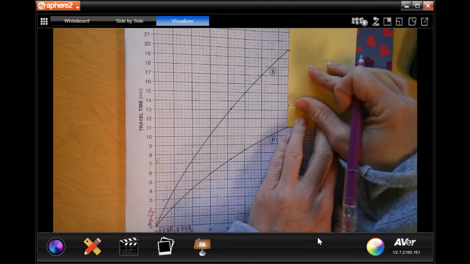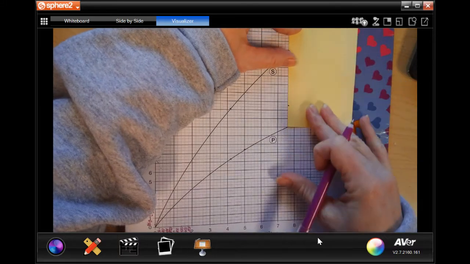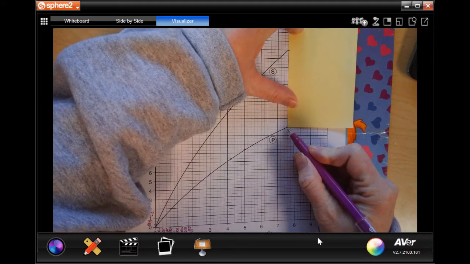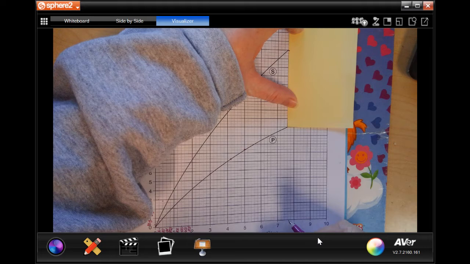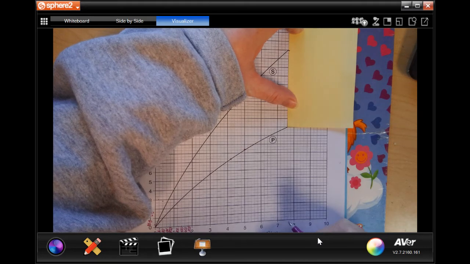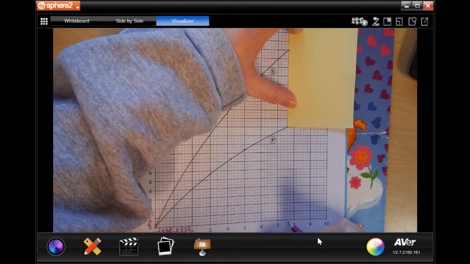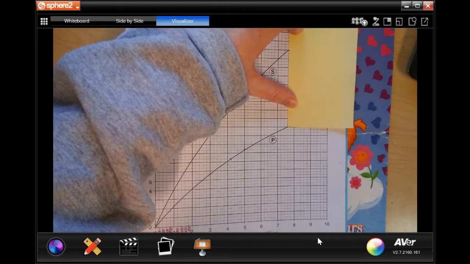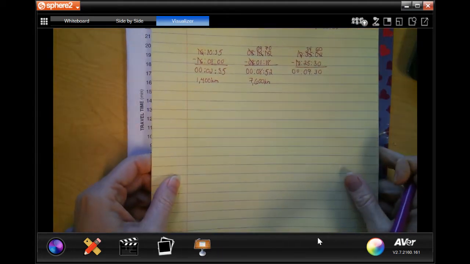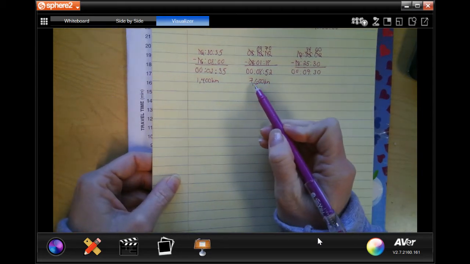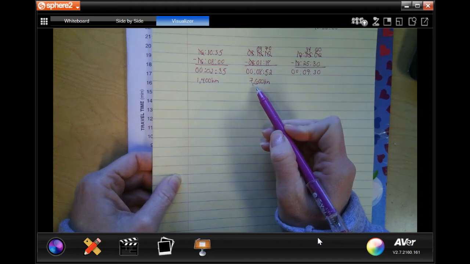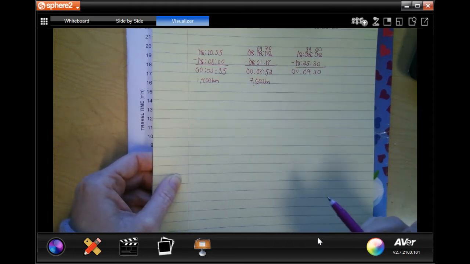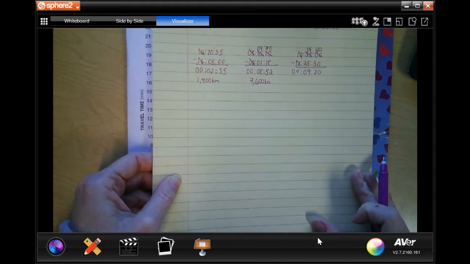Yeah, that works. And then I'm going to read my x-axis much further this time, 7,600 kilometers. So an 8 minute and 52 second difference gives us a distance of 7,600 kilometers.